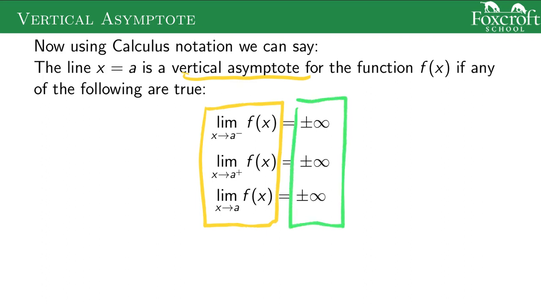This simplifies the wordy definition you had to use in pre-calc, and also makes it a bit more precise. So if any of your limits, one-sided limits or the full limit, are equal to infinity, if the values just keep getting bigger and bigger, then you have a vertical asymptote.